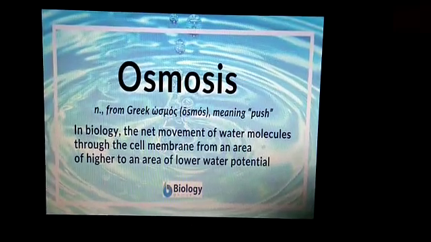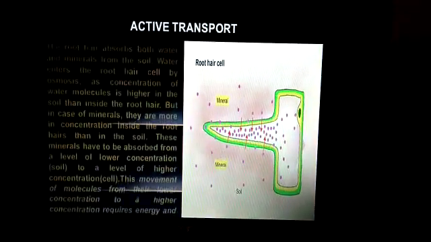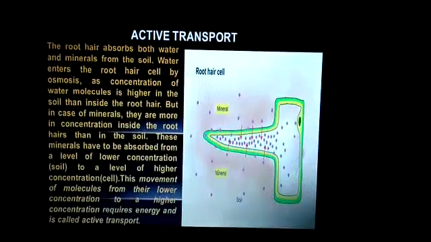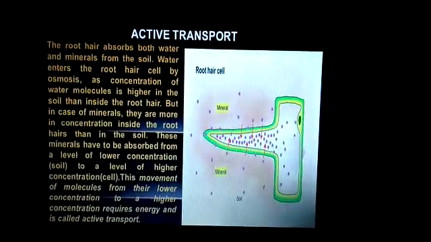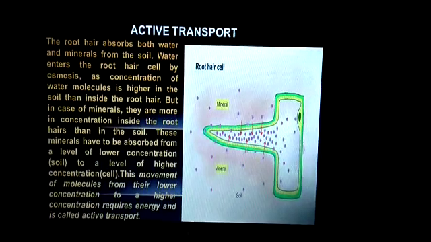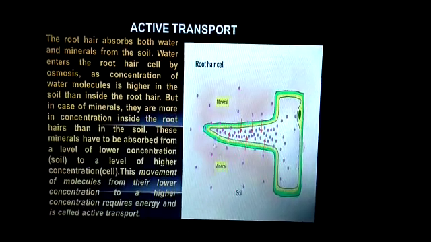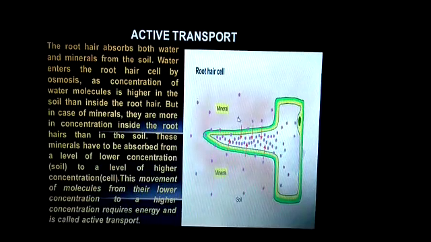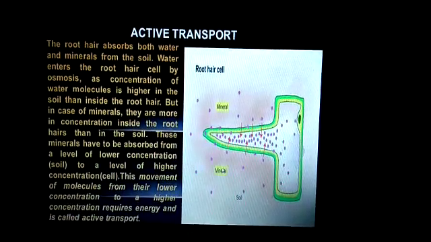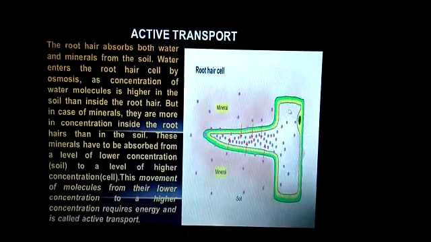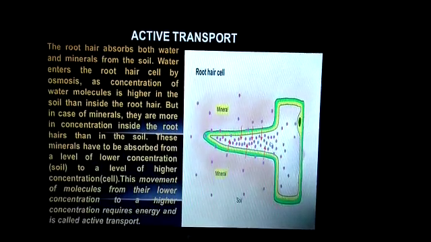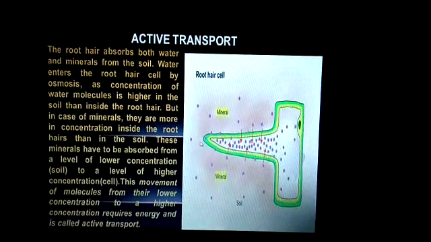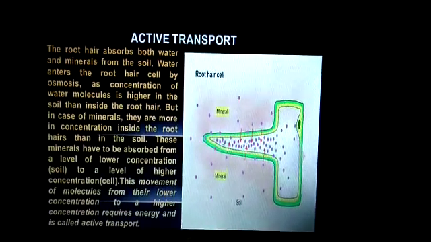Next is active transport. The root hair absorbs water and minerals from the soil. You can see in the picture these pink dots, these are minerals, and this is the root hair cell. As you can see, water and minerals both are being absorbed by the root hair cell.